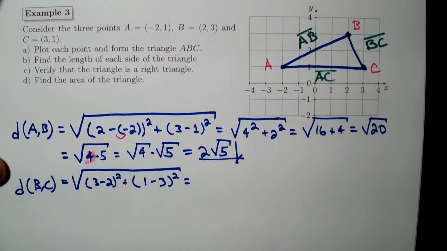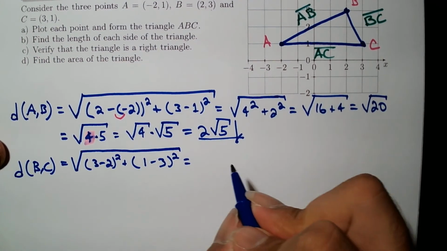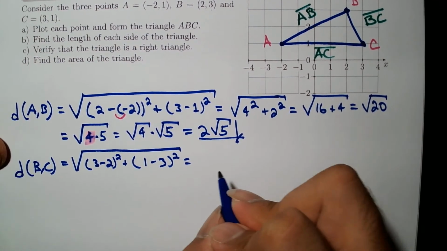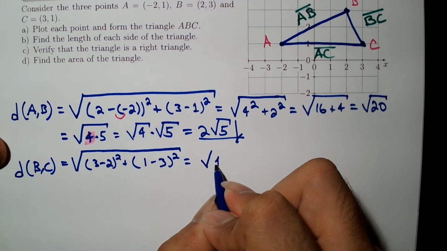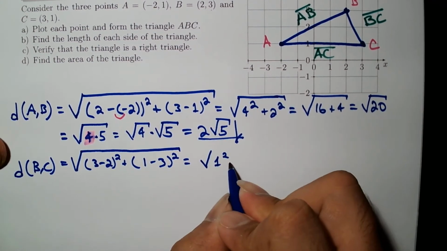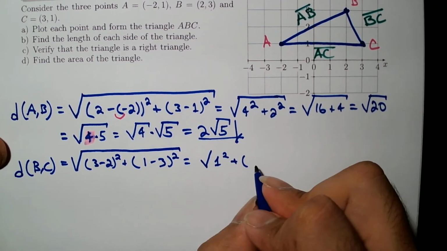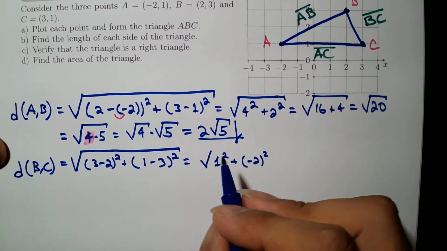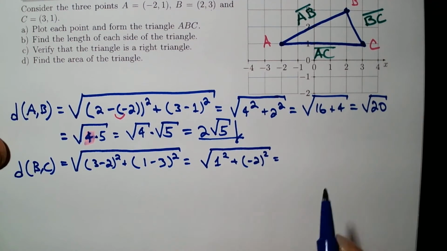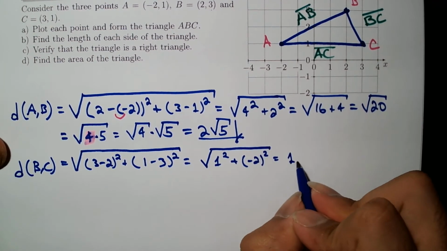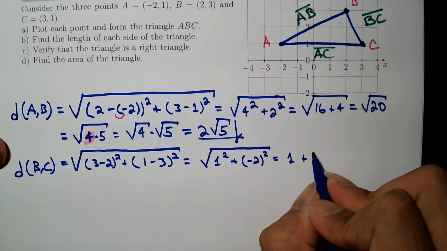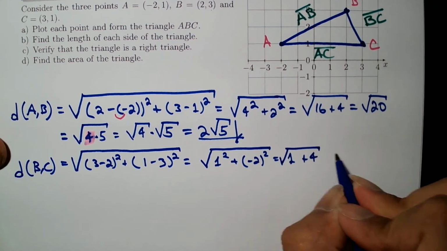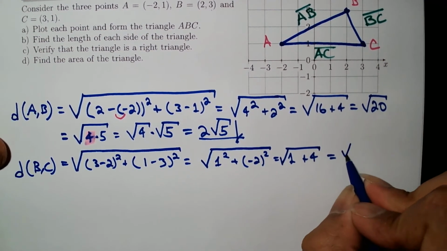If we simplify 3 minus 2, that's going to give us a 1. And 1 minus 3 is negative 2 squared, which will result in 1 squared, which is 1, plus 2 squared, which is 4, everything inside of the radical, which equals the square root of 5.